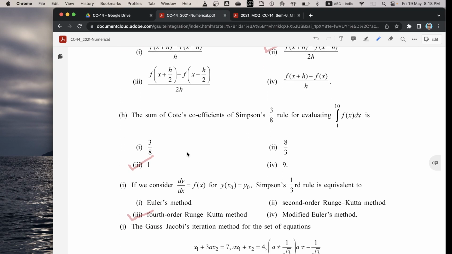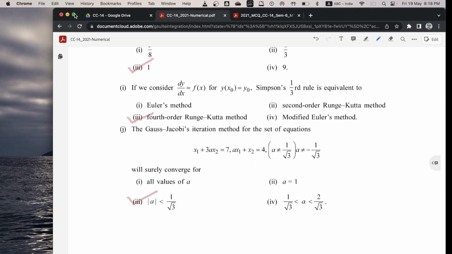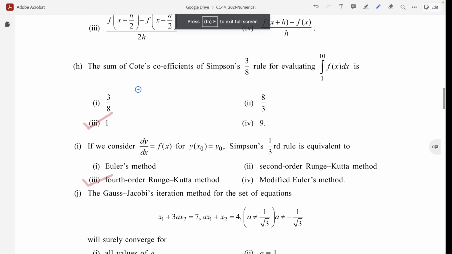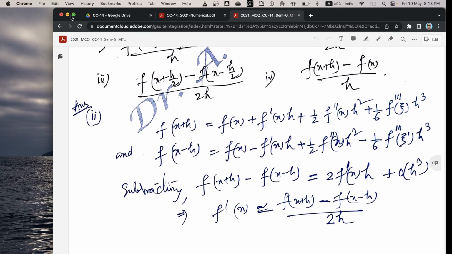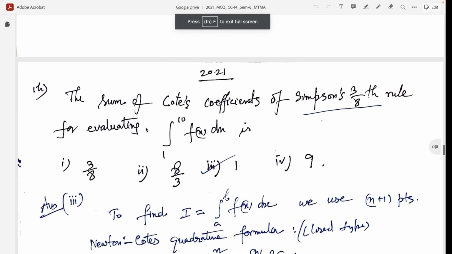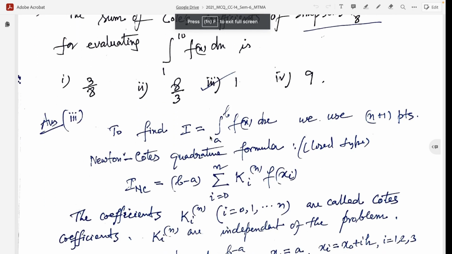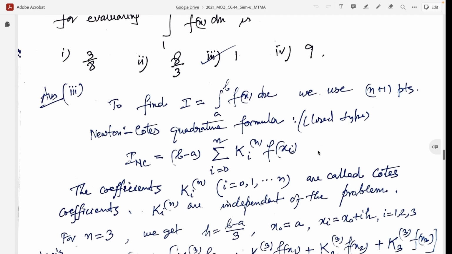Question H: the sum of coefficients of Simpson's 3/8 rule for evaluating the integral from 1 to 10 of f x dx is, the correct option is 3. Because we know, to find the numerical integration from a to b of f x dx, we use the n plus 1 point Newton-Cotes quadrature formula, closed type.